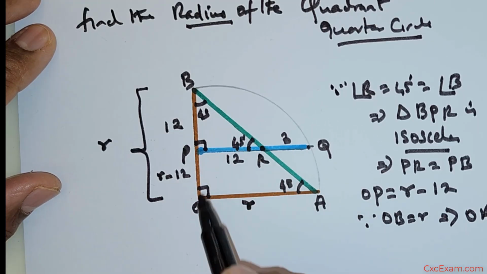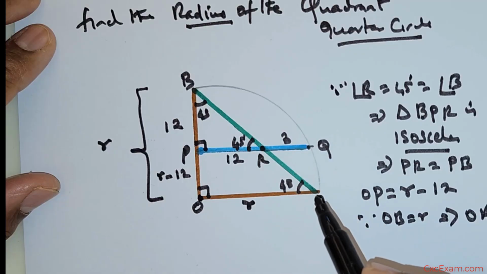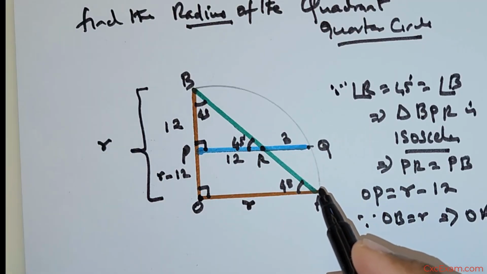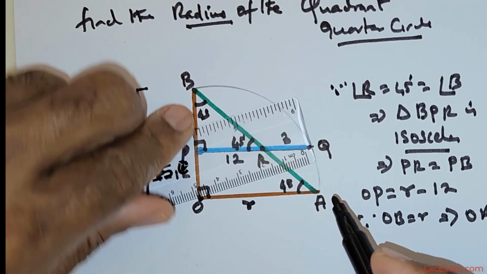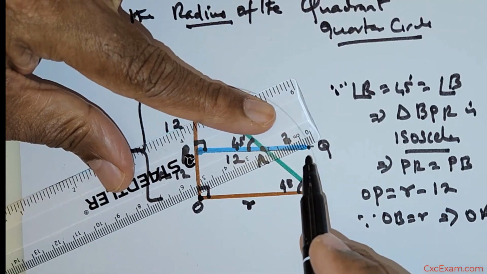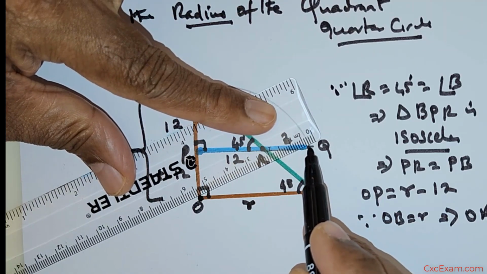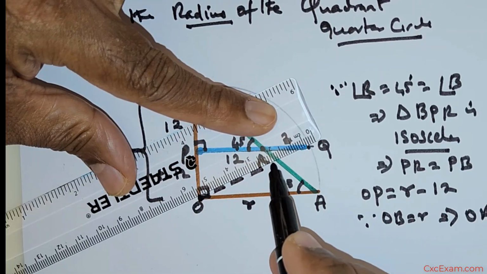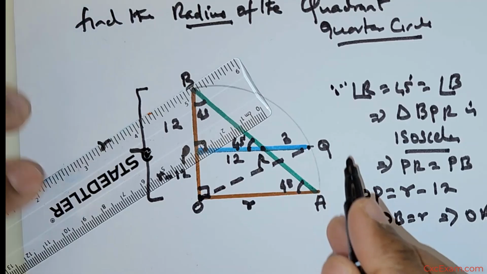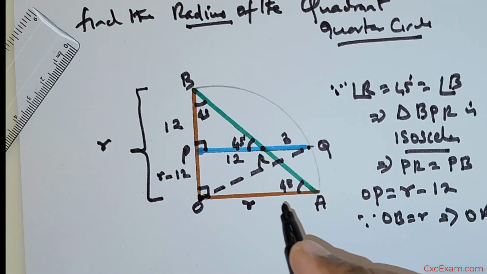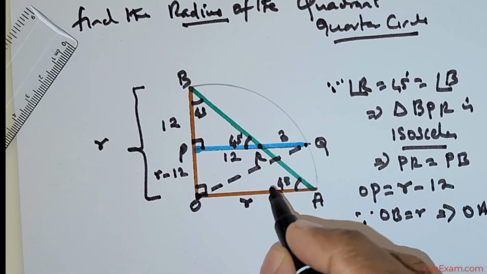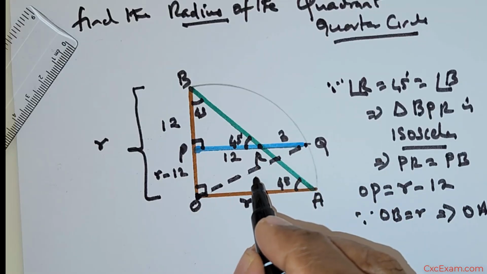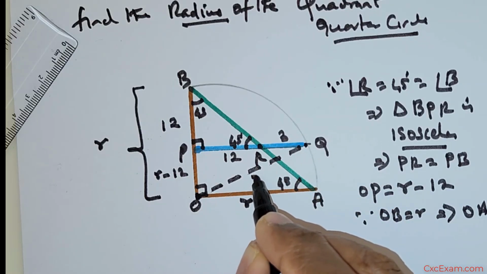Now, since this is a quarter circle, any chord drawn from O to the circumference will represent the radii of the quarter circle or of the circle. So I'm going to connect this from O to Q. So as I mentioned to you, clearly this is going to be R units.